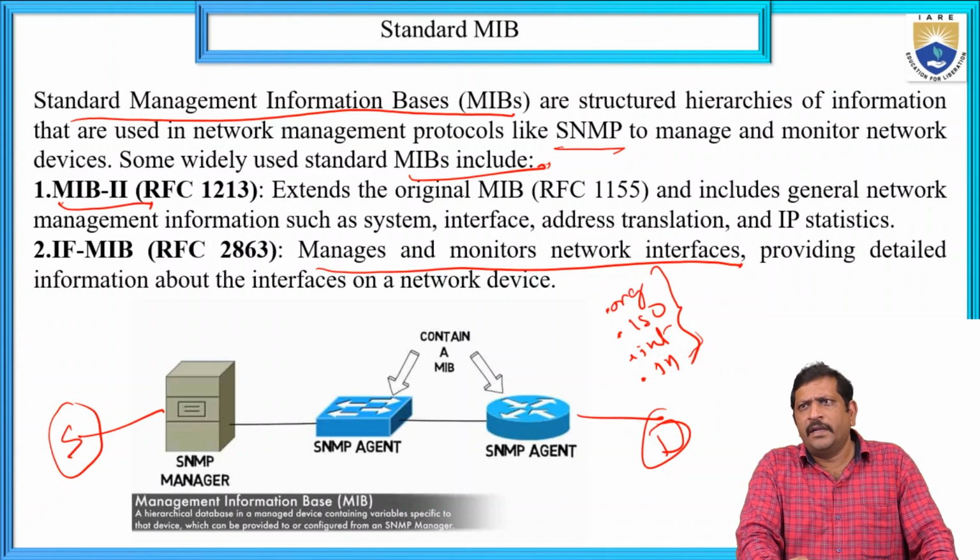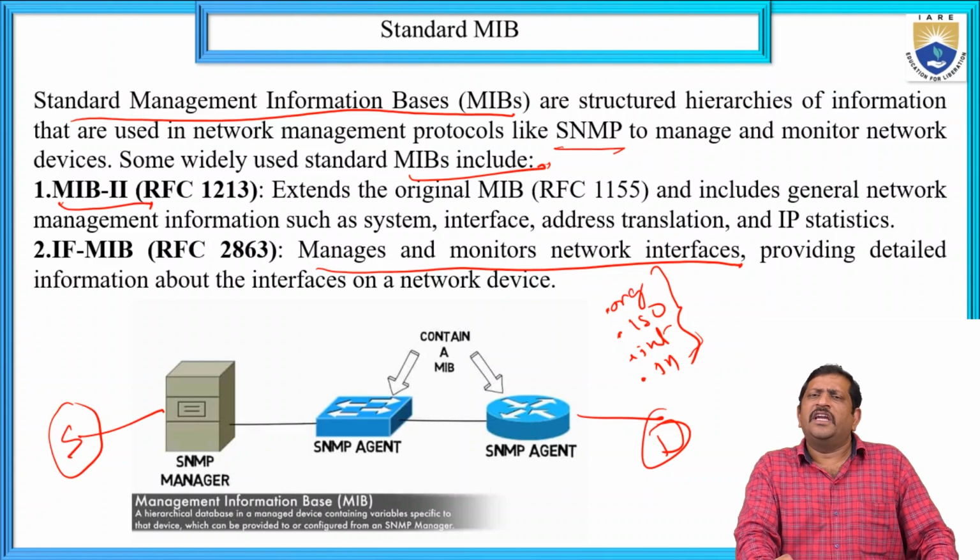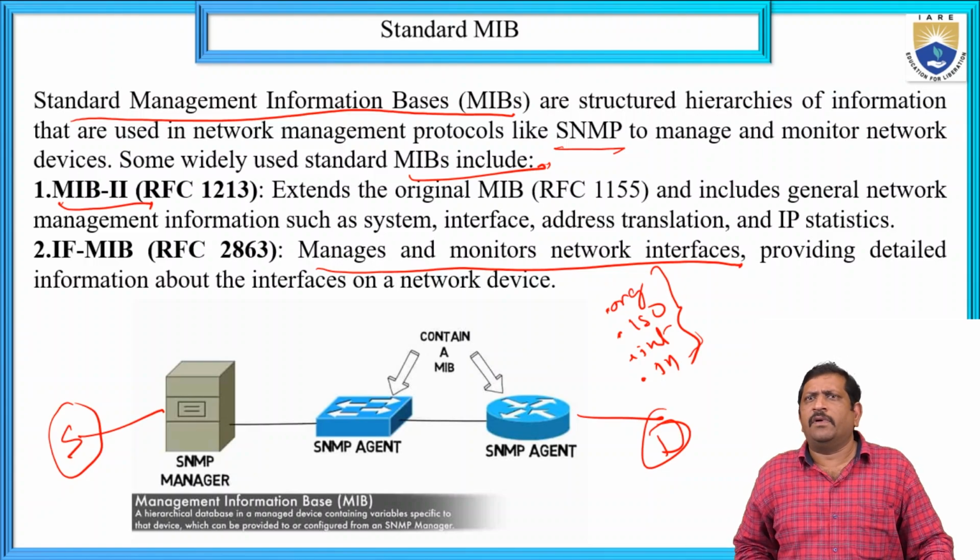Whatever devices we utilize in a network can be considered network interfaces. It provides detailed information about the interfaces on a particular network device, whether it is a private network or a public network.